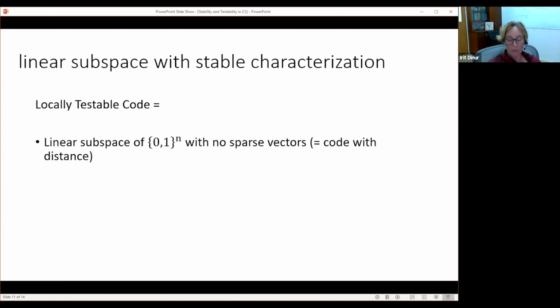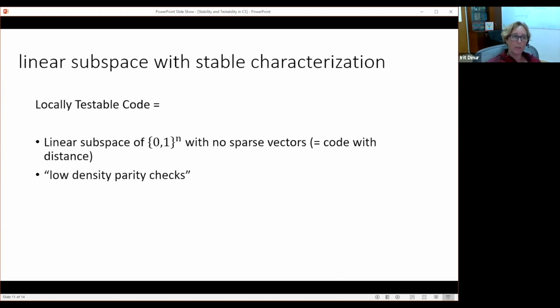People can also think about codes that are not linear, but more often than not, codes are linear, so let's focus on that. The fact that it's a code just means that it's not only a linear subspace, it's a linear subspace where all the vectors have good weight. They don't have a few ones, they have many ones.